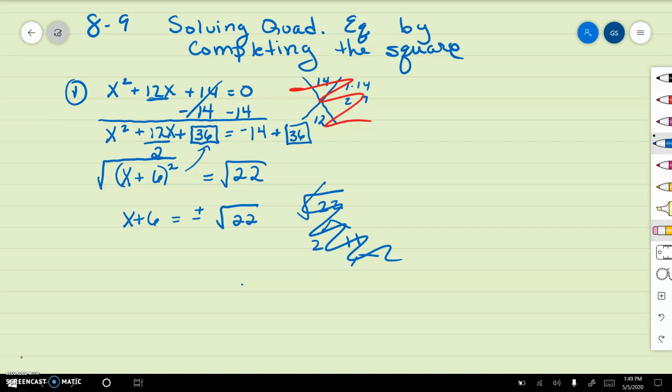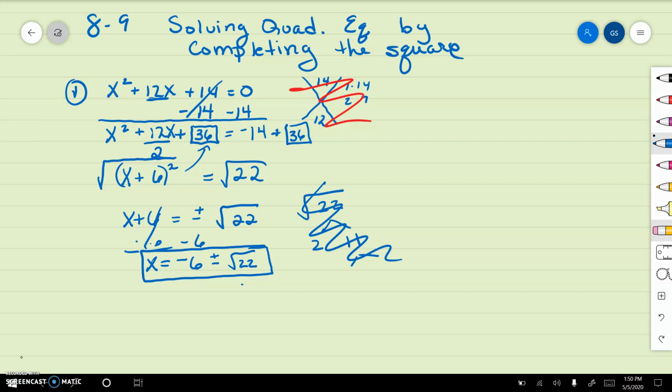That's simplified. So what we're going to do now is take away the 6 from both sides. And now x equals negative 6 plus or minus radical 22. That's my answer. That's my two answers really: negative 6 plus rad 22, negative 6 minus rad 22.